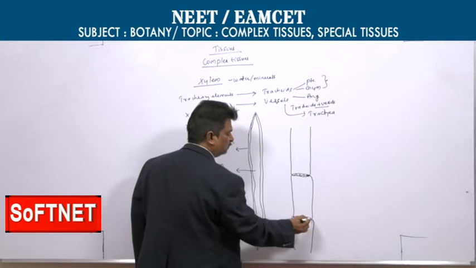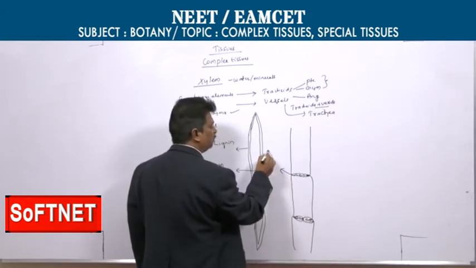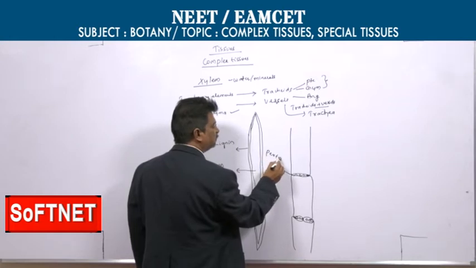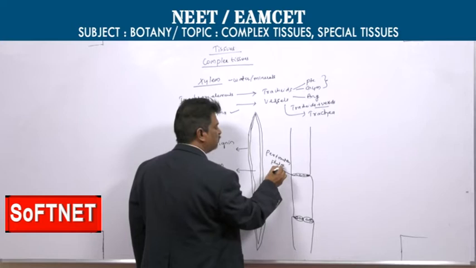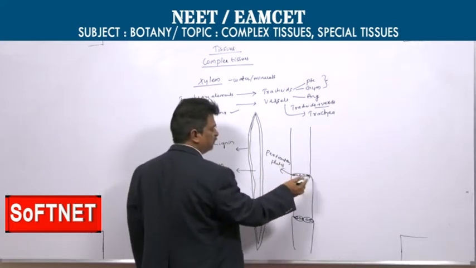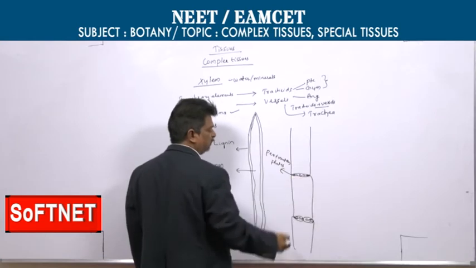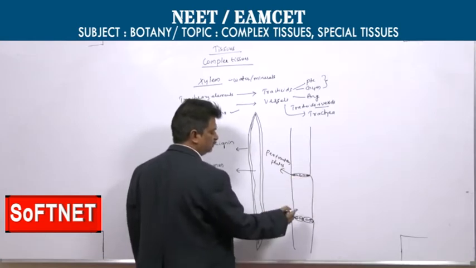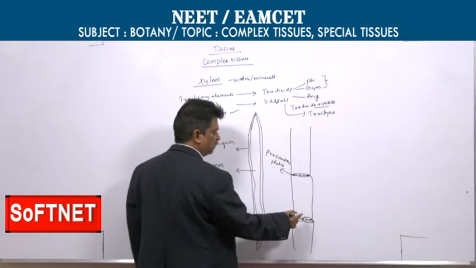This end wall with perforations is called a perforation plate. There are two types of perforation plates: a simple perforation plate, where the entire end wall has one perforation, or a compound or multiple perforation plate, where the end wall has many perforations.